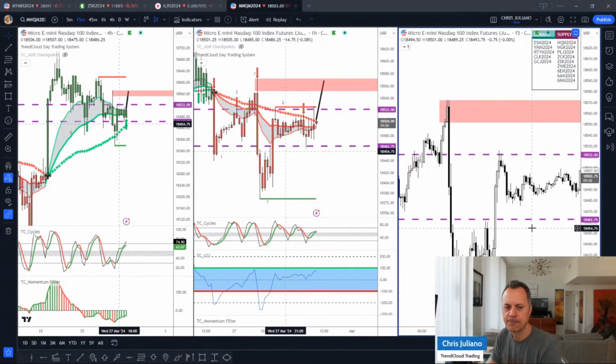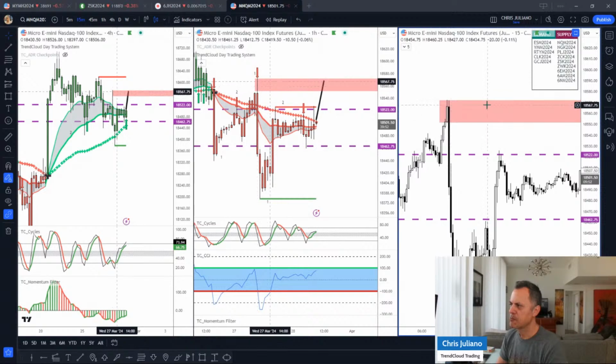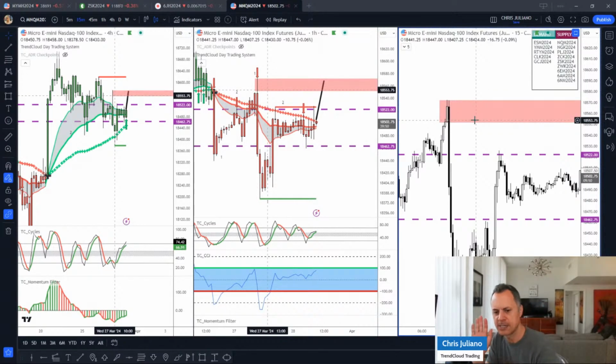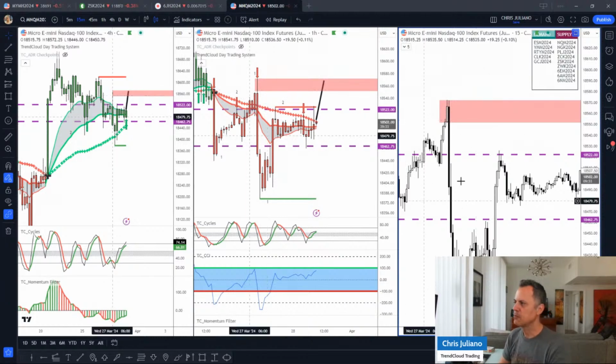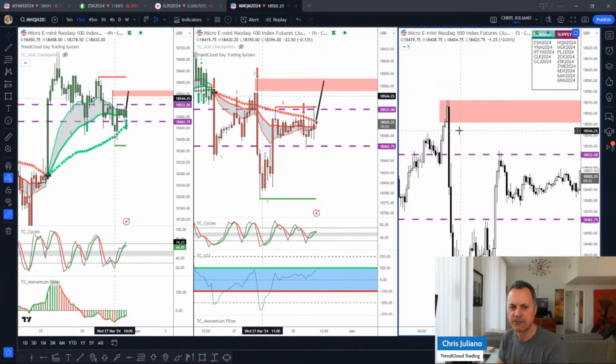All I'm saying is that in my experience, pulling back into a supply zone just because it's a supply zone and taking the trade is a terrible theory. I think you need to have more involved in that trade plan.